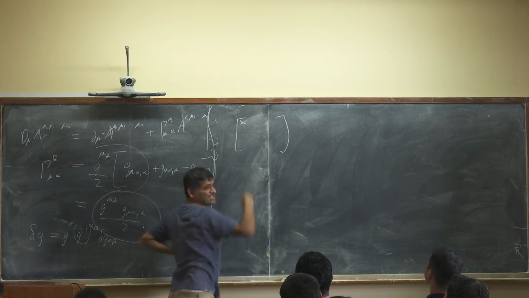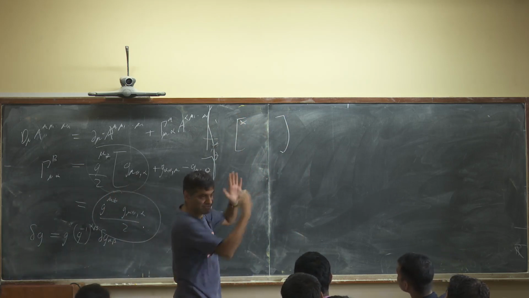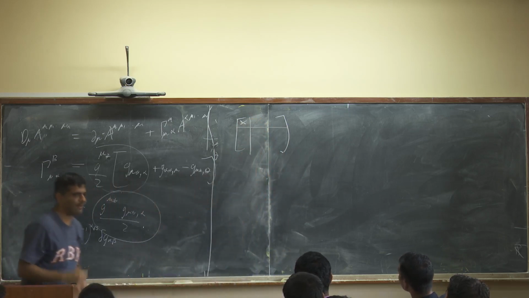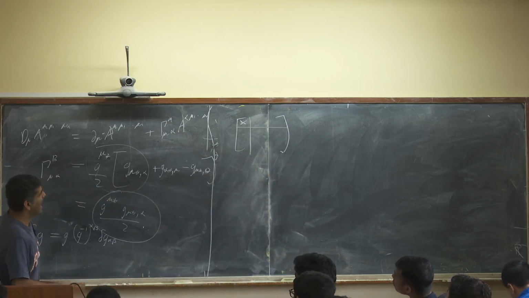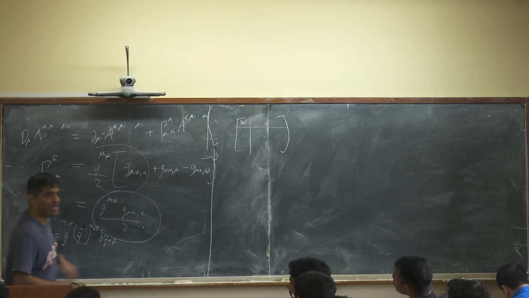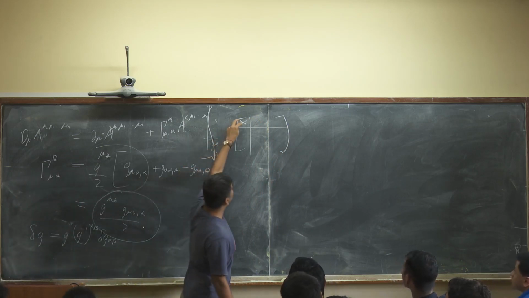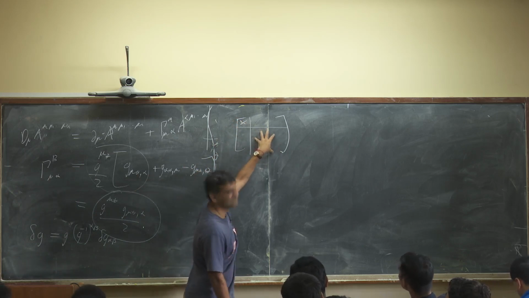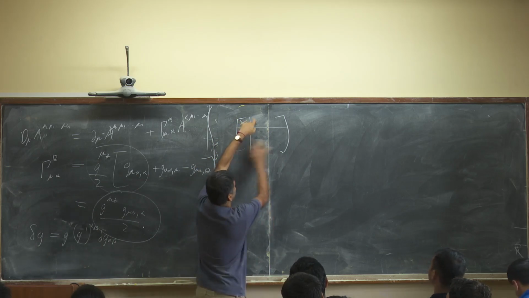I'm going to choose it to be top left so it's easier to draw, but the same is true of everything. As you know, you can think of the determinant of the matrix as the product of this element times the subdeterminant here, plus the product of this element times some other subdeterminant, and so on.